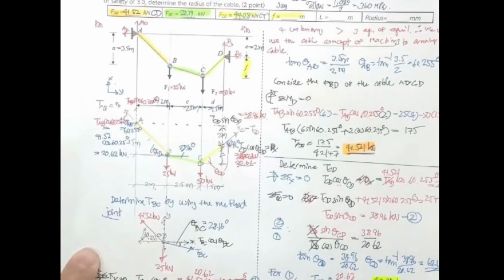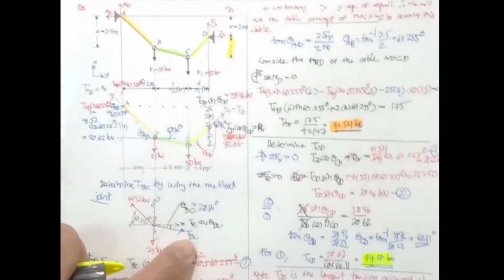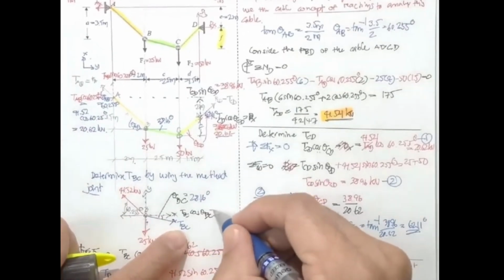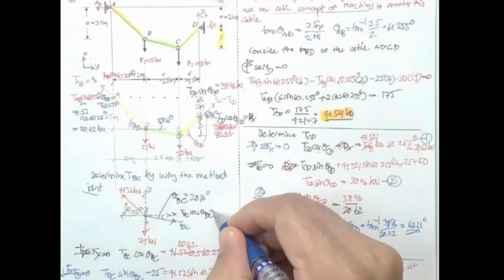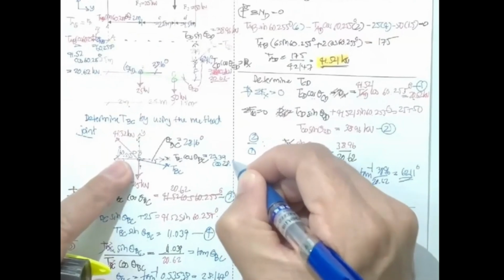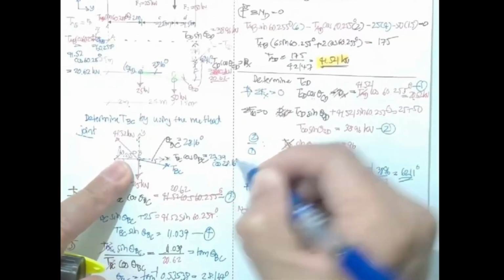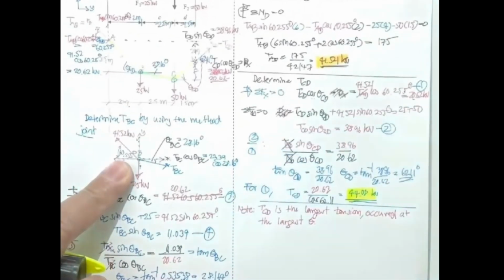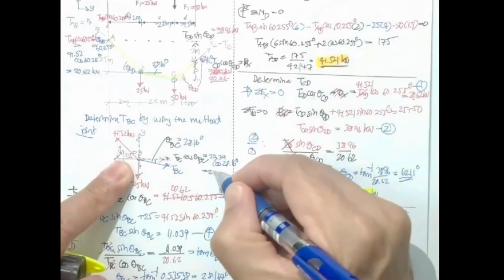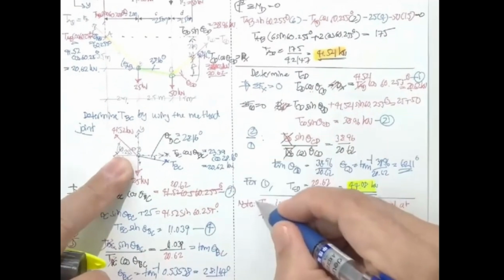Again, for the force here, T sub BC, if you put it over here, it's going to be 23.39 cosine 28.16 degrees. You get the result to be 20.62 kilonewton.